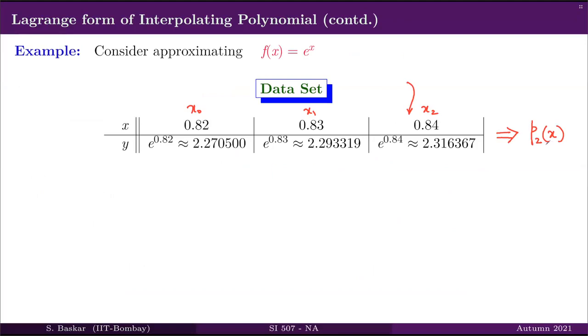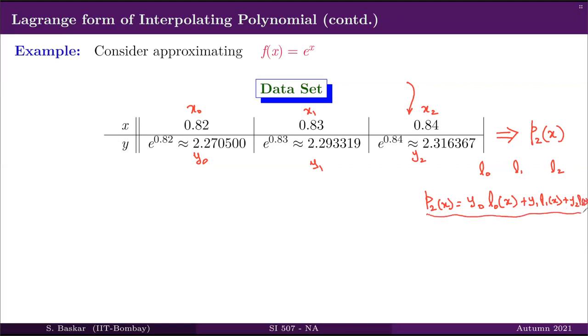Now I'll leave it to you to construct the Lagrange polynomials L0, L1, L2, and then write P2 of x is equal to y0, which is this one, or f of x0, you can say, L0 of x plus y1 or f of x1, that is this, into L1 of x plus y2, which is f of x2 into L2 of x, right? So you just substitute these values into this Lagrange form of interpolating polynomial. First construct the Lagrange polynomials and then put them here and get the Lagrange form of interpolating polynomial, which will land up to be a quadratic polynomial.